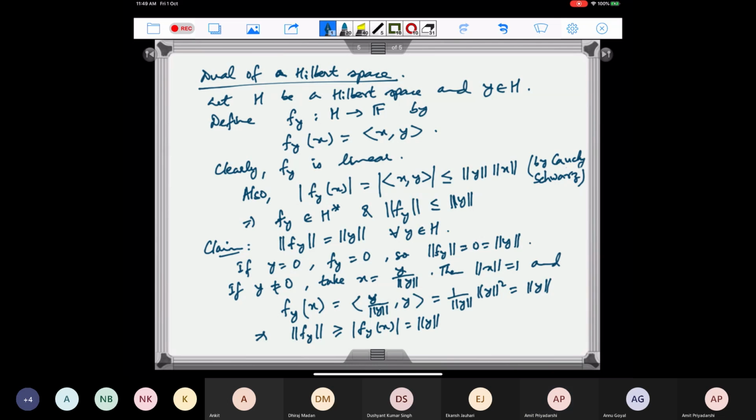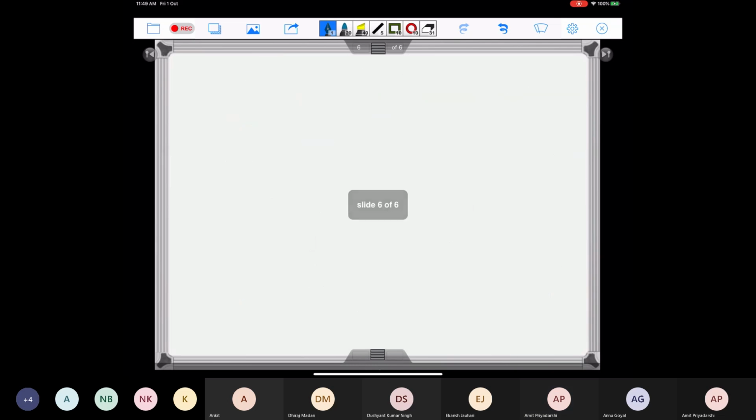So y going to F_y is an isometry from H to H star. Now the important thing is that this map is also onto.